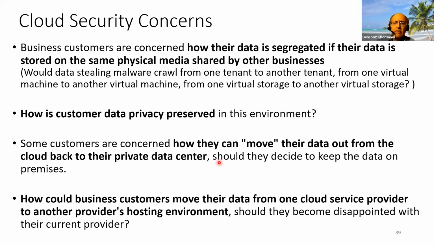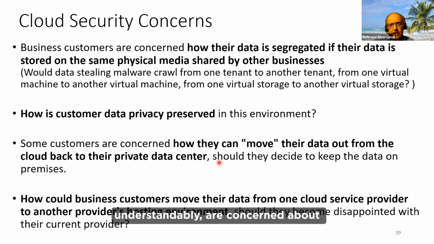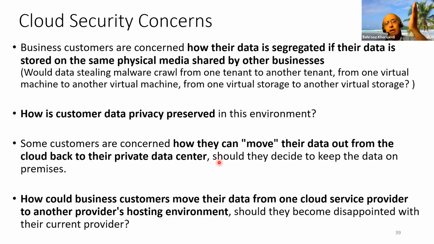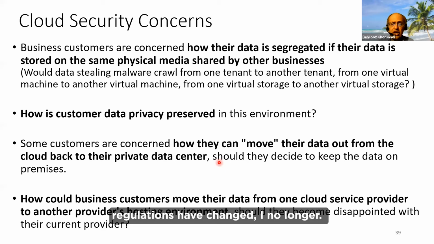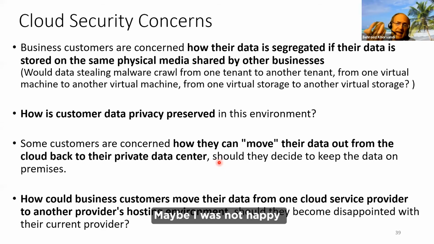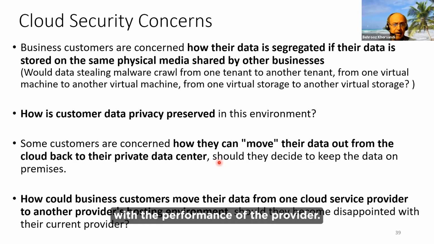And a lot of customers, understandably, are concerned about how they're going to move their data from cloud back to private data centers. Suppose they decide that, hey, I am no longer interested in keeping my data on the cloud, maybe because my regulations have changed. Maybe I was not happy with the performance of the provider.